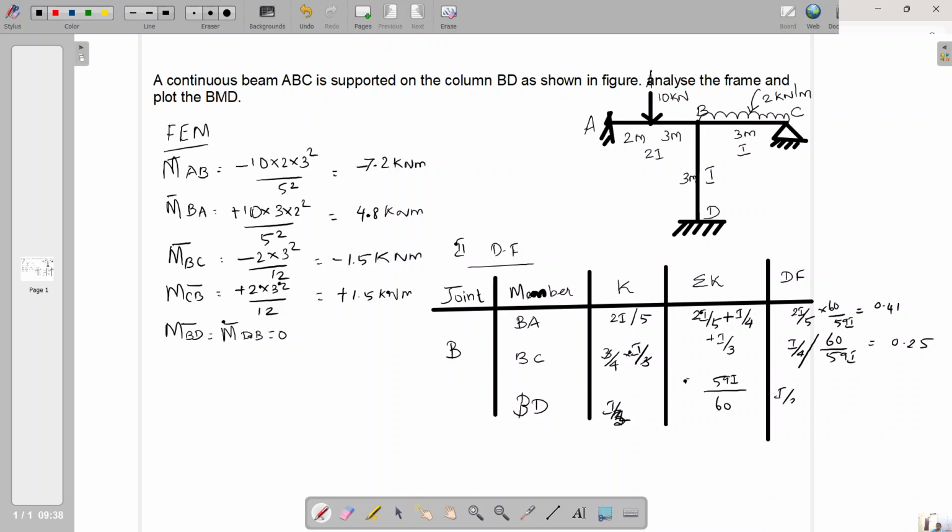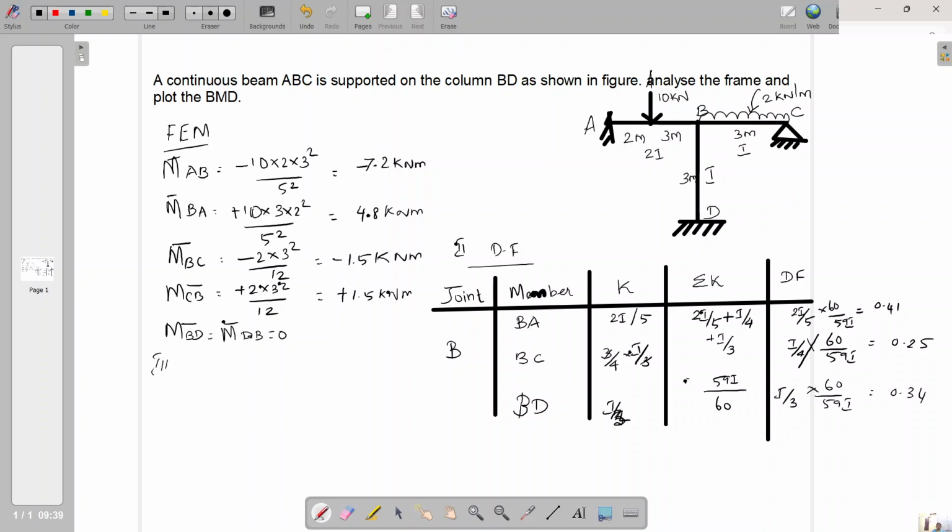Next one, I by 3, actually it is multiplication, into 60 by 59I, which is equal to 0.34. So the distribution factors are 0.41, 0.25 and 0.34.